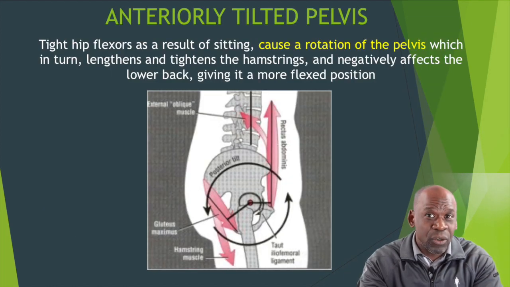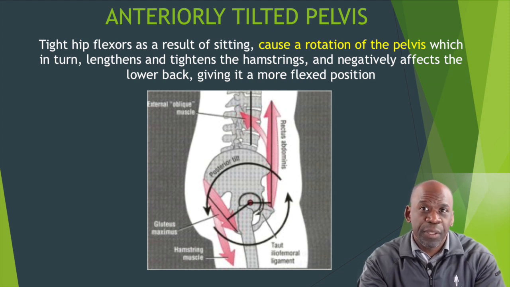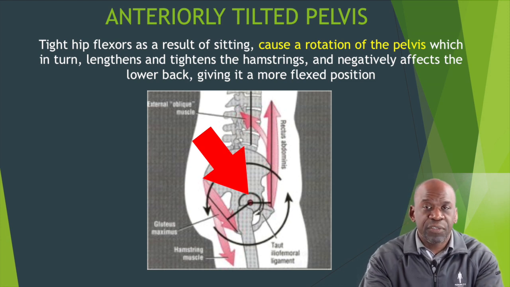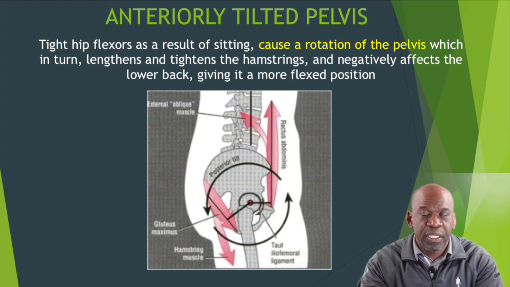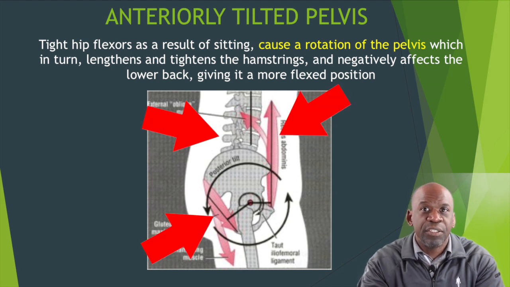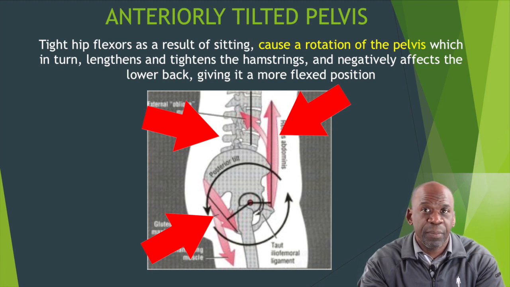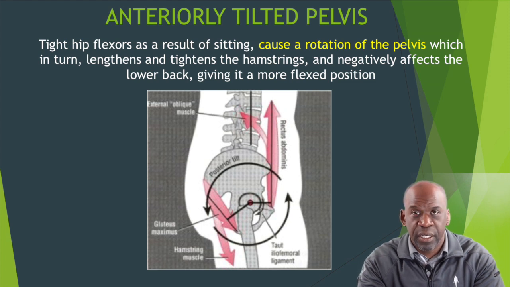In the sagittal plane, or when looking at the pelvis from the side, it's best to think of the pelvis as a teeter-totter, with the hip joint being the fulcrum, or the point of balance, for that teeter-totter. All of these muscles that contribute to the stability of the spine attach onto the pelvis, and they rotate over the hip to help control the orientation and the stability of the spine.